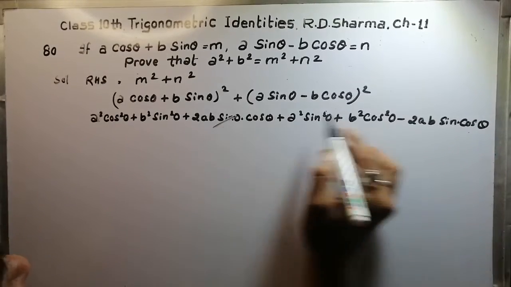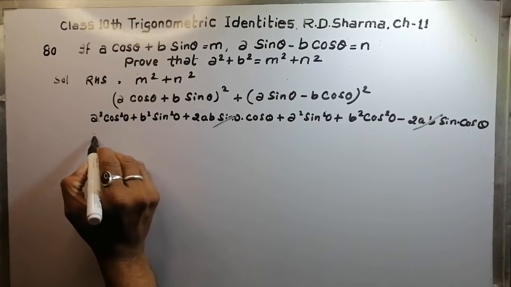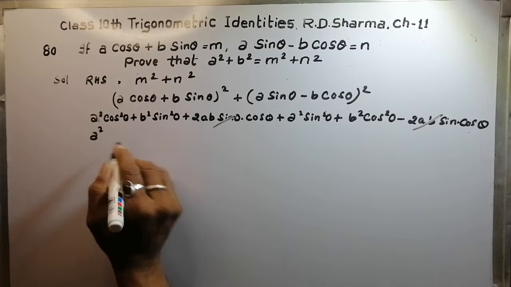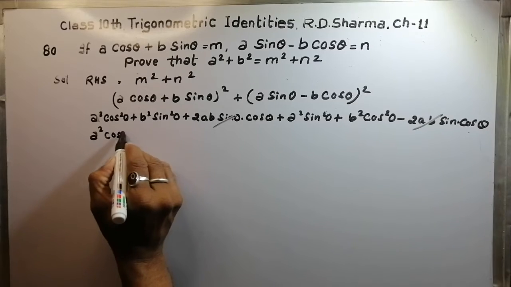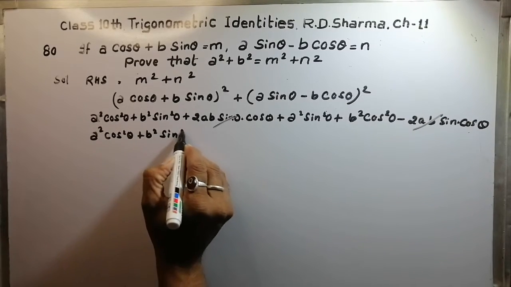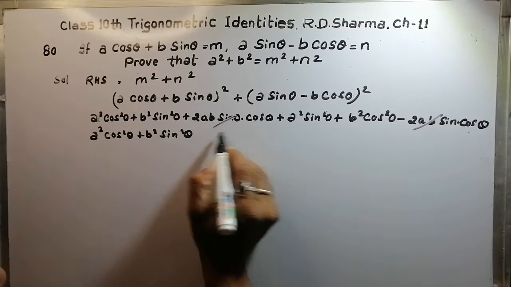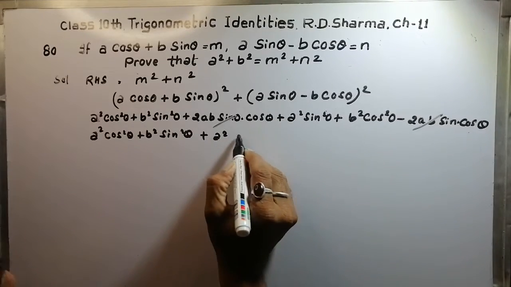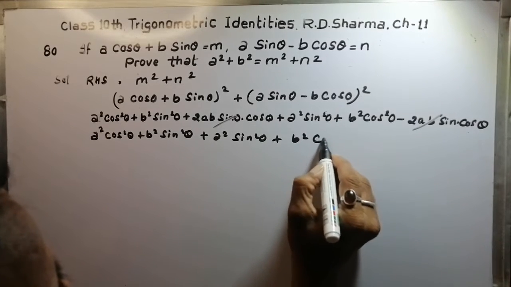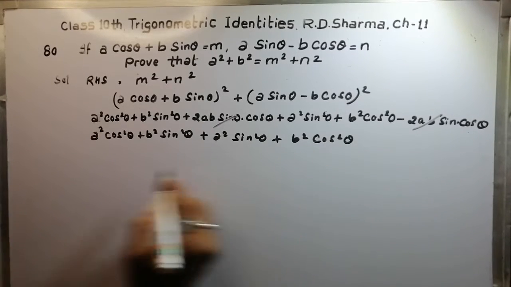This term will be cancelled by this term, so we get here a square cos square theta plus b square sin square theta plus a square sin square theta plus b square cos square theta.